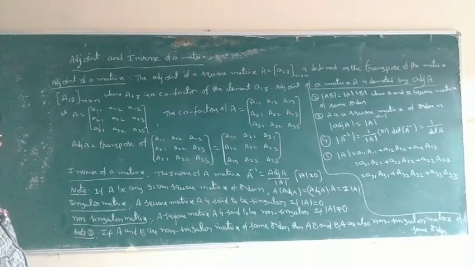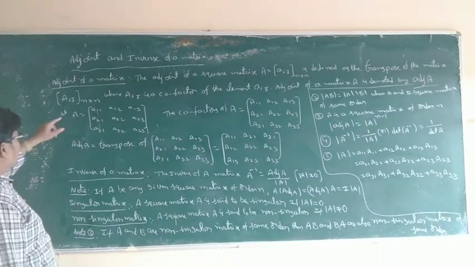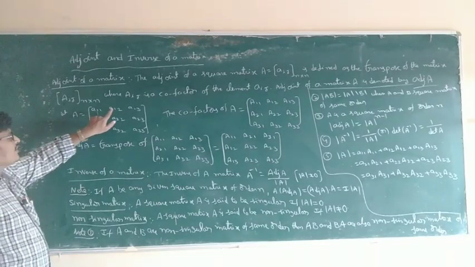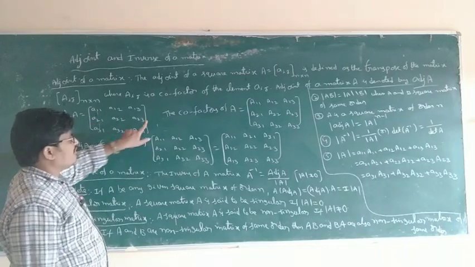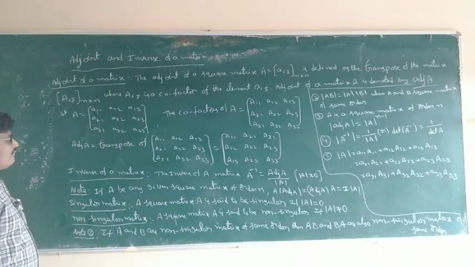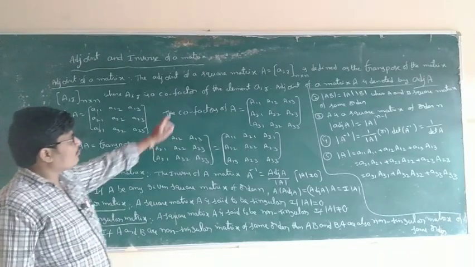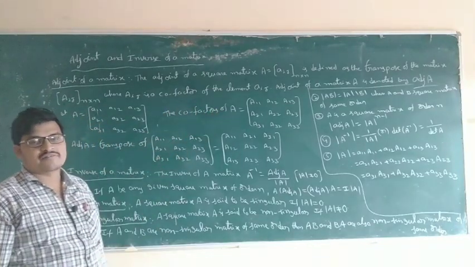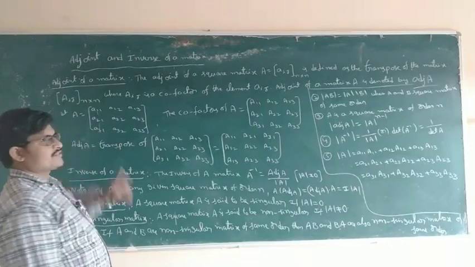Next, for example, let A be the given matrix with entries a11, a12, a13. How to find the adjoint matrix? First we have to find the cofactors of each element in the given matrix.